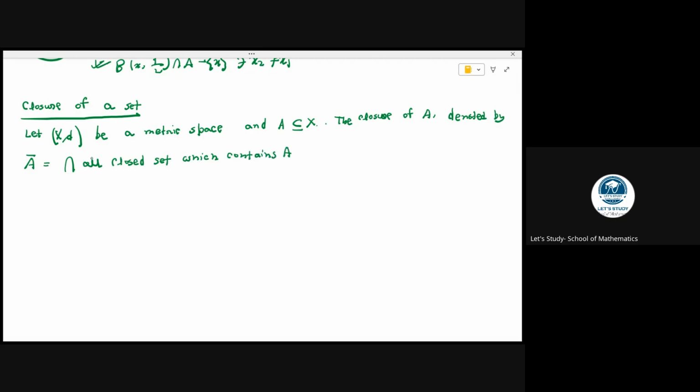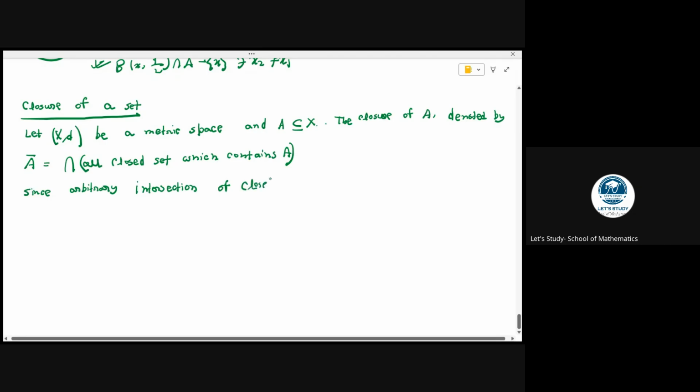So the closure of A is nothing but the intersection of all closed sets containing A, since an arbitrary intersection of closed sets is also closed.